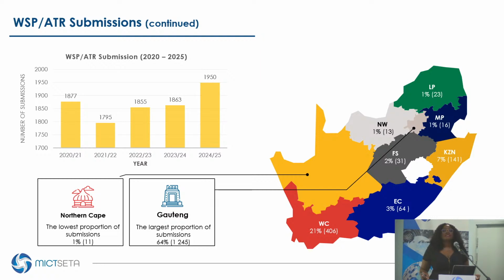Besides the demand, a lot of the skills development providers are also in Gauteng as compared to other provinces. So most of the training that we need to do, there is resources and infrastructure in Gauteng, followed by the other two provinces, Western Cape and KZN. So this also supports the DG grant in terms of what we're able to implement and where.